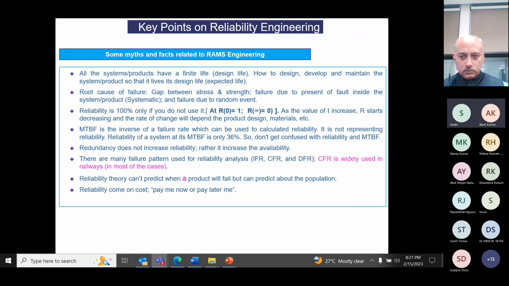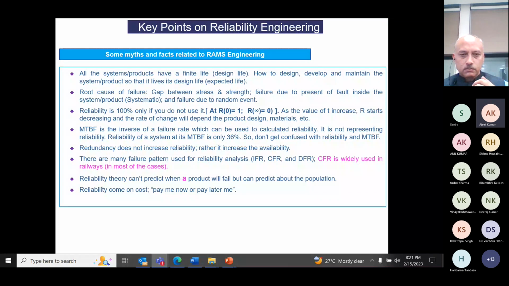But the number of gears is the same. So it is the way the gears are placed and the system is produced: the same kind of gears placed in a different way and functioning in a different way, and the reliability increases. Wonderful. So this is the crux of the whole story.